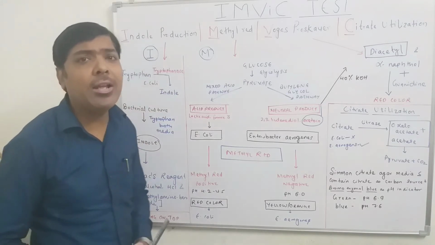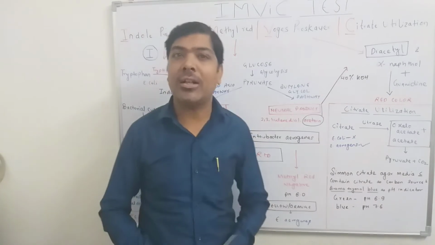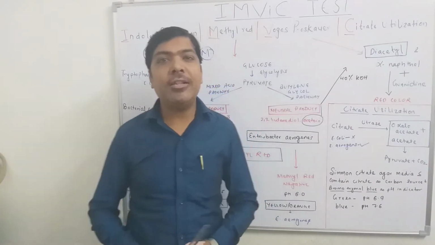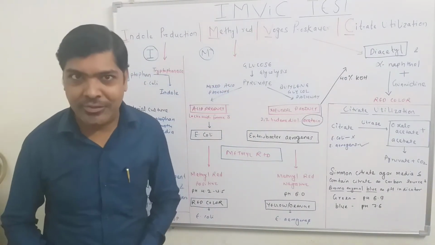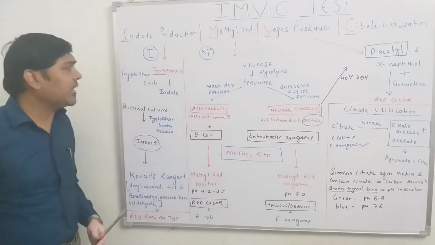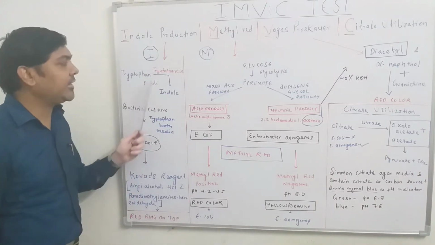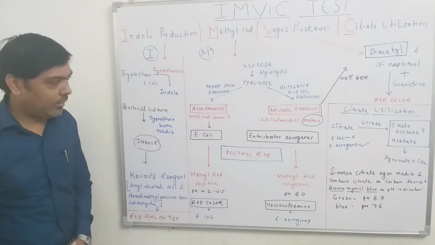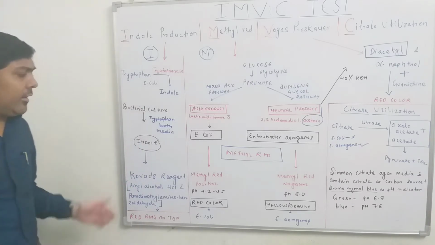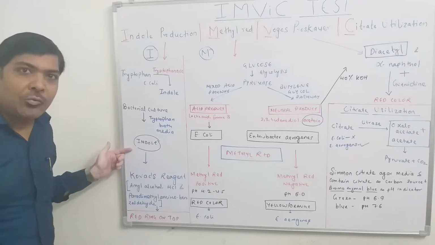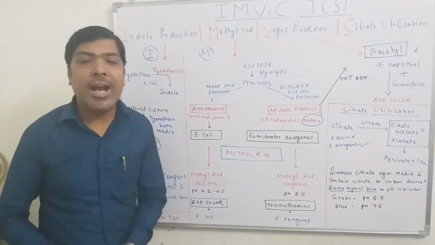Whereas if Enterobacter aerogenes is available in the sample, then this tryptophan cannot be utilized. So the reaction suggests that tryptophan is converted into indole if we have E. coli as our sample.